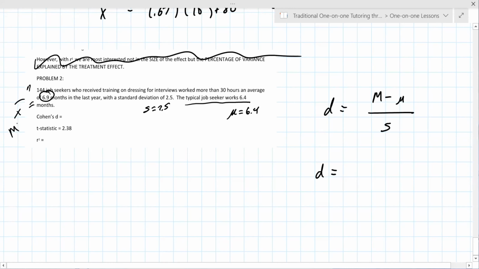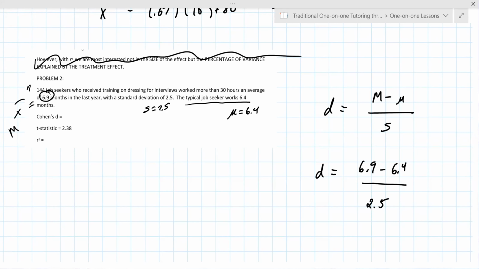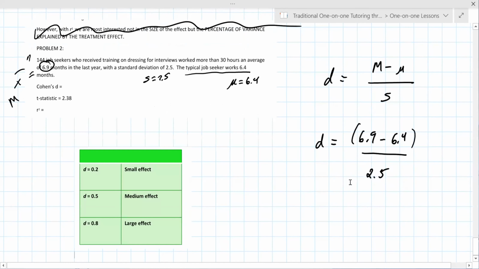What I'm calling X bar is your M. So that's 6.9 minus 6.4 over 2.5. Okay. And if you're going to throw this in calculator, make sure the numerator is there. So, can you give me that value? Because there's a kind of a related thing you might see on your test.